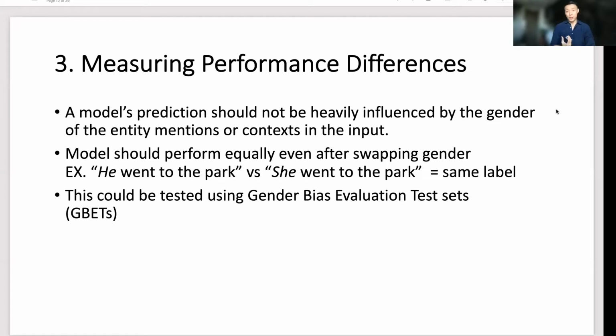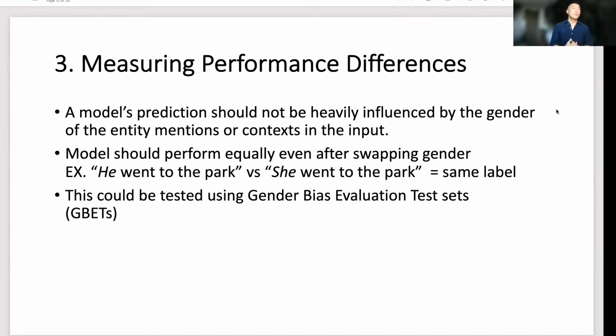Going back to the example that I gave from LinkedIn, if you use the male version of the job versus the female version of the job, you should get the exact same performance. Or in speech recognition, if a male user with a male voice uses the system, you should have the same accuracy as a female counterpart. So that's another bias that we will try to measure.